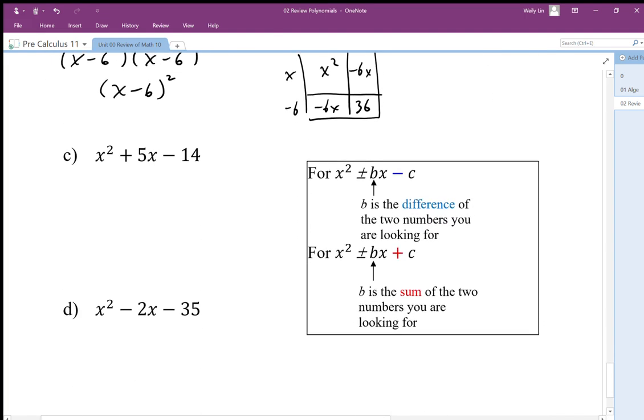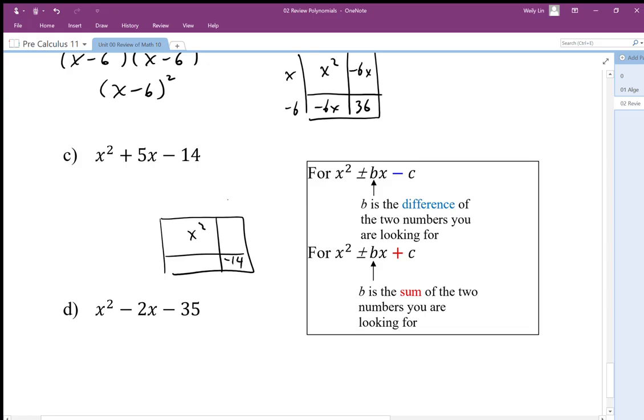So when we have a minus in here, that means that to get this negative, we have to have a positive and a negative that multiply to this negative c. And that means when we combine the like terms, the middle term has to be a difference. So when I draw this out, I've got x squared, negative 14.